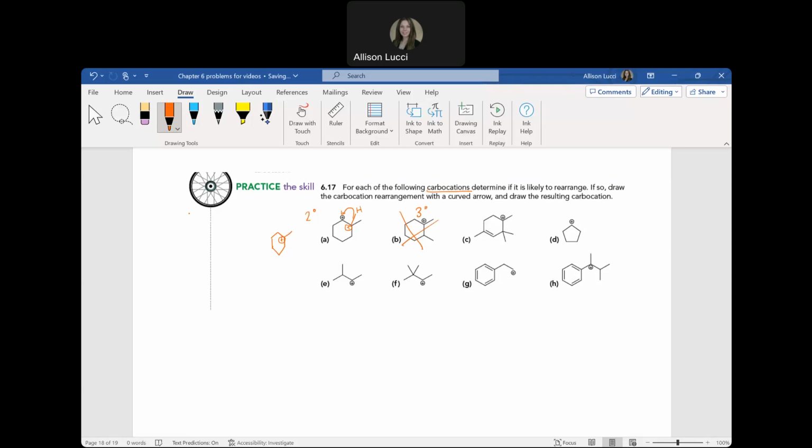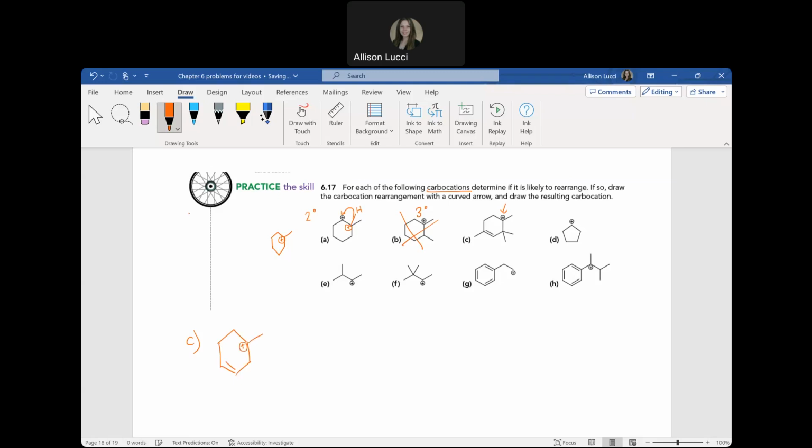In example C here, we already have a tertiary carbocation, but through rearrangement of a methyl group, we could result in another tertiary carbocation that is what's called allylic, or next to this double bond here. So for example C, I'll redraw the structure here.